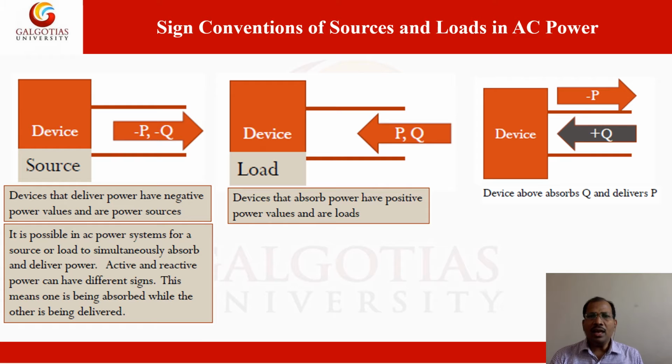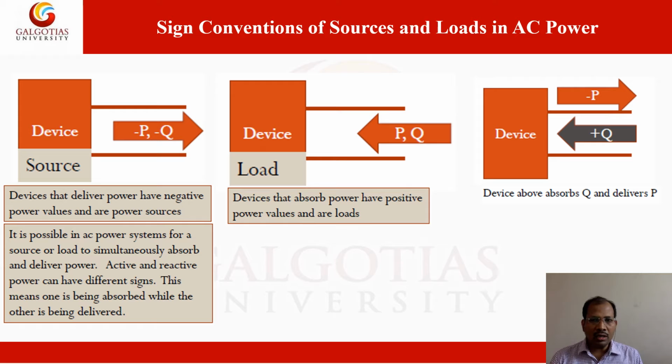If other devices like compensators are there, some devices can generate reactive power, or some devices can absorb reactive power. So based on the power injection at a particular bus, we consider a positive or negative sign.